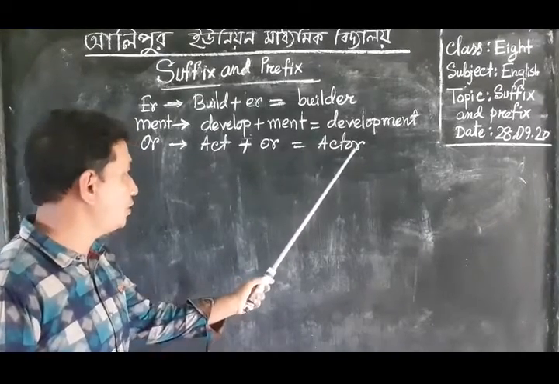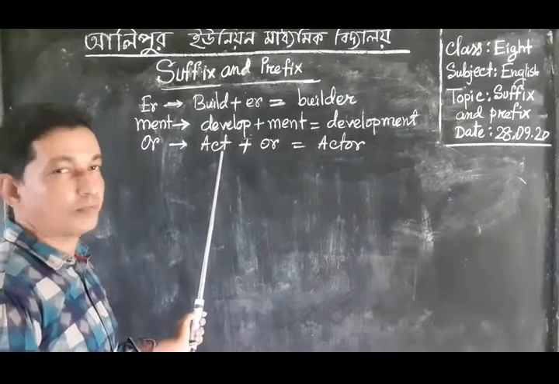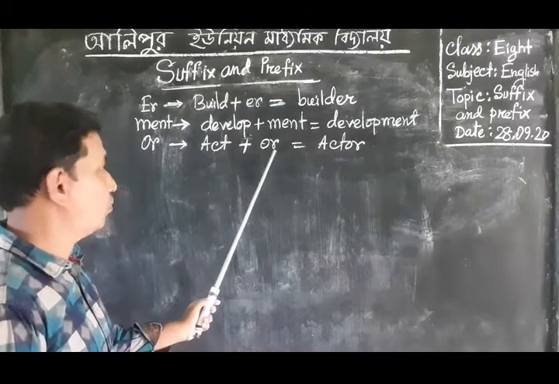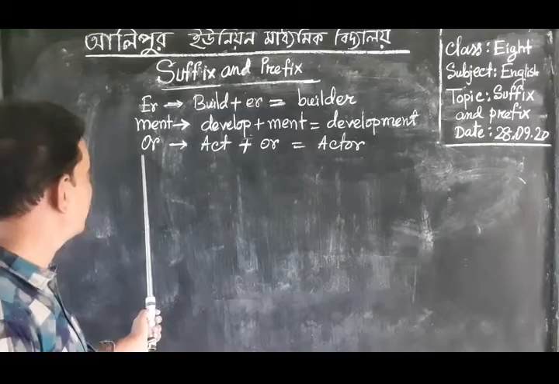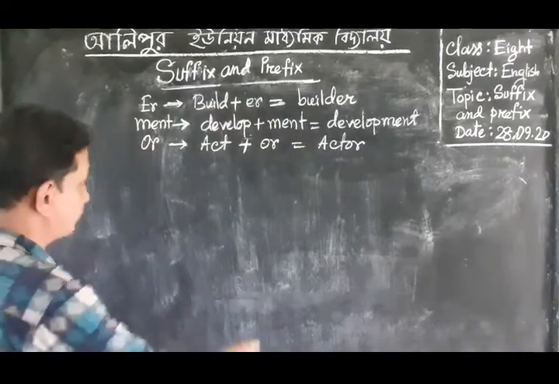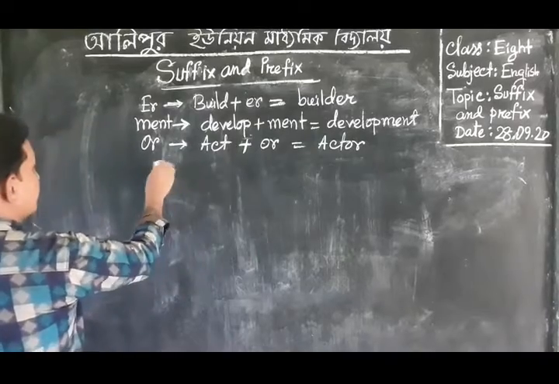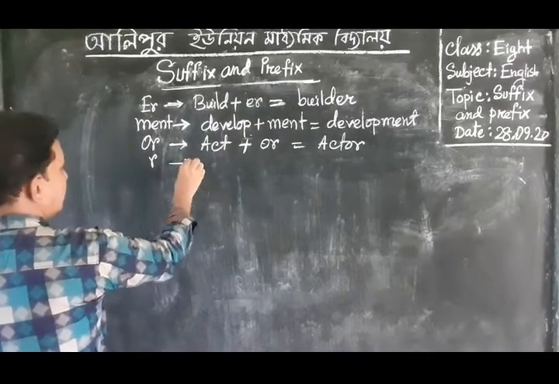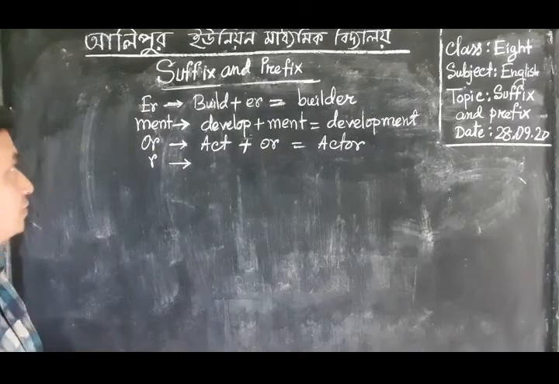So actor is a new word made by adding "-or" at the end of the verb act. So "-or" is a suffix. Our next suffix is "-r". "-r" is also a suffix.